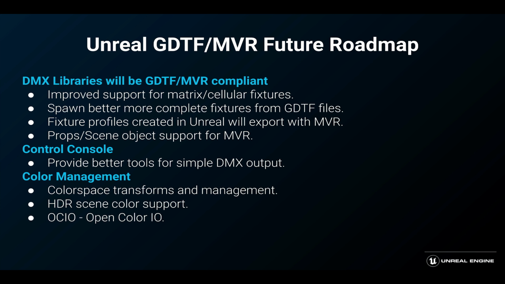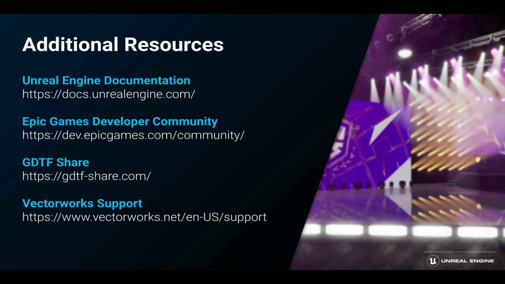Related to that is HDR scene color support, so we can read what the scene color is and actually get a really accurate level measurement of what the output of a light should be. And then wrapped up in that is OpenColorIO, so that we can do these transforms using known and supported open color systems. So these are things to keep a lookout for in some of our future releases.